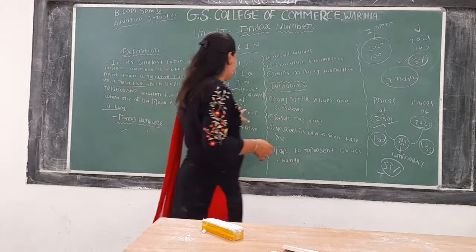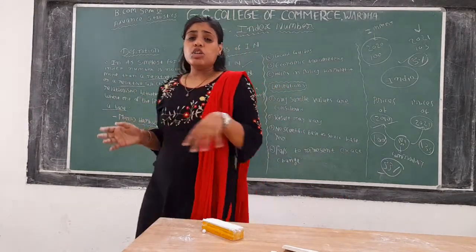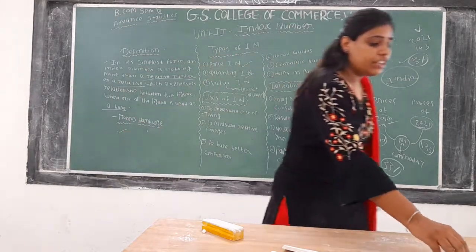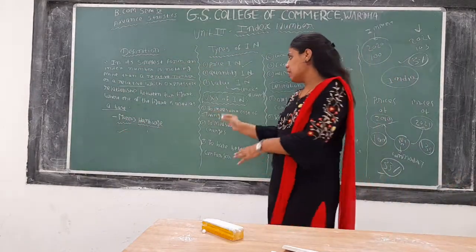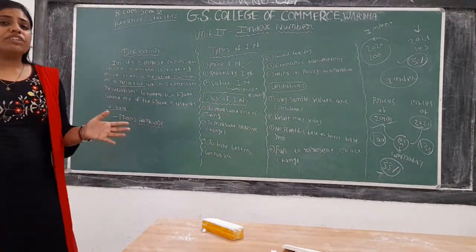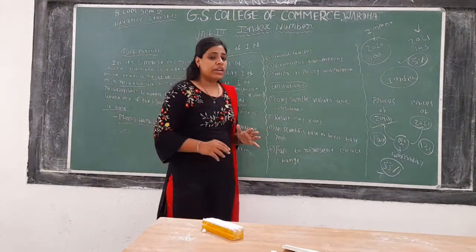So here the index number can be used to measure the cost of living in two different countries, like what is the cost of living in USA and what is the cost of living in India. For making the comparison between these two countries' cost of living, the concept of index number can be used.